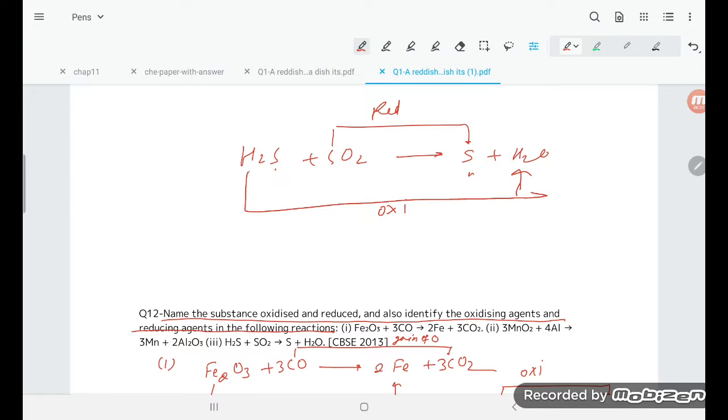H2S loses hydrogen to change into S, so that can also be oxidation. This is also oxidation only.